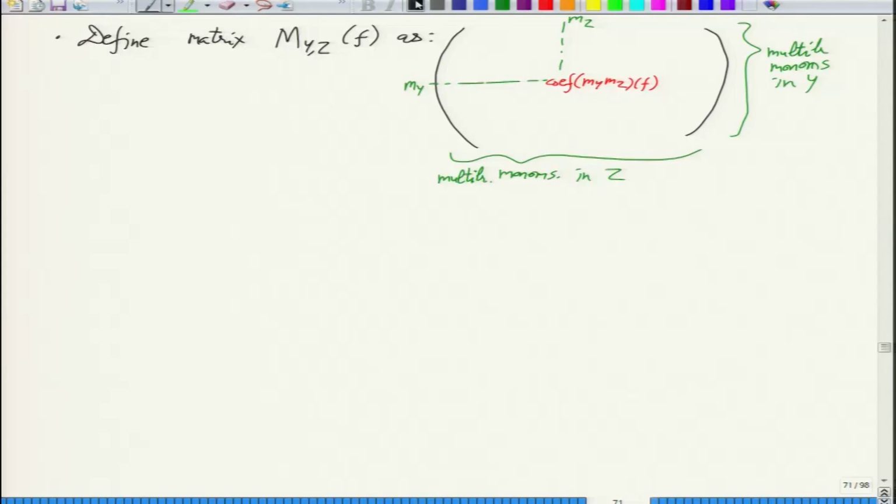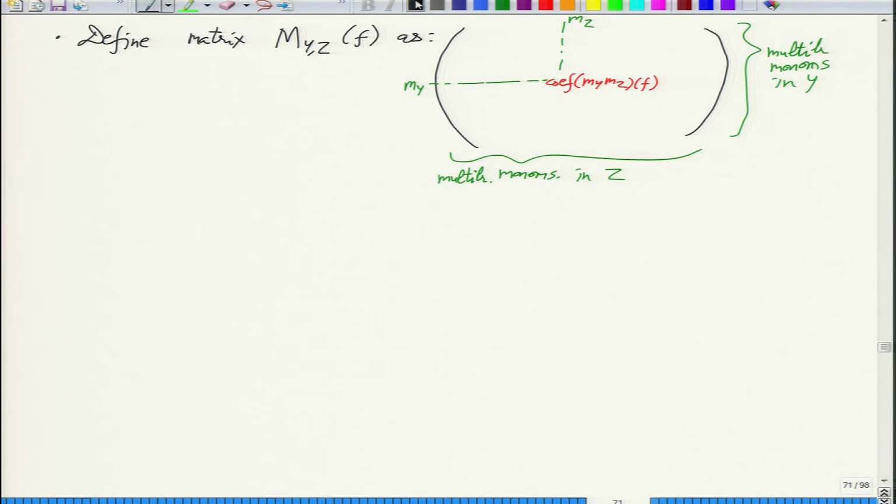You look at all the multilinear monomials in the left variables versus all in the Z variables, and then draw the matrix, where each entry corresponds to the product. Extract the coefficient.